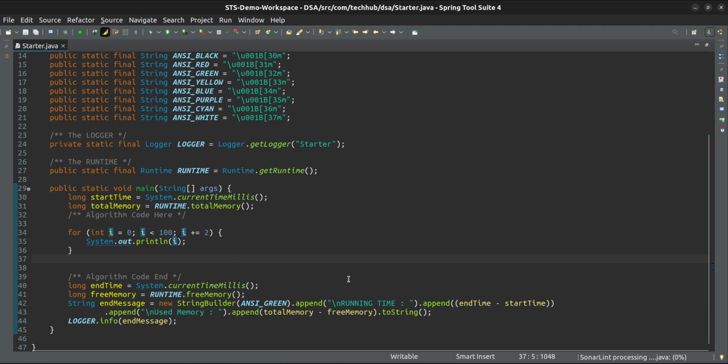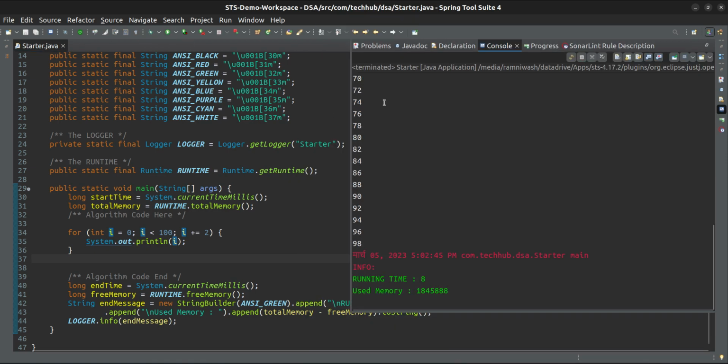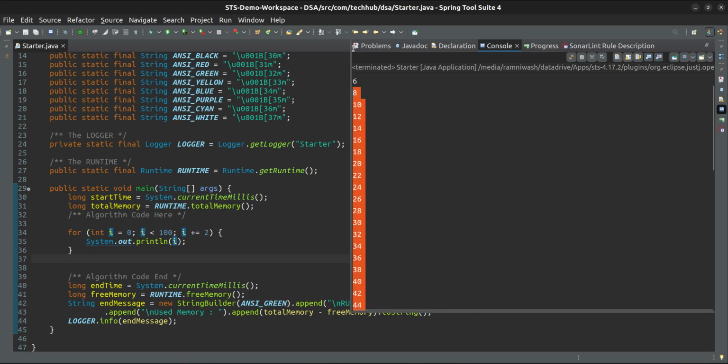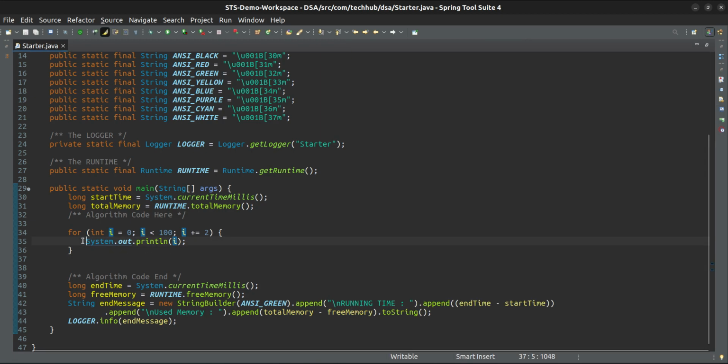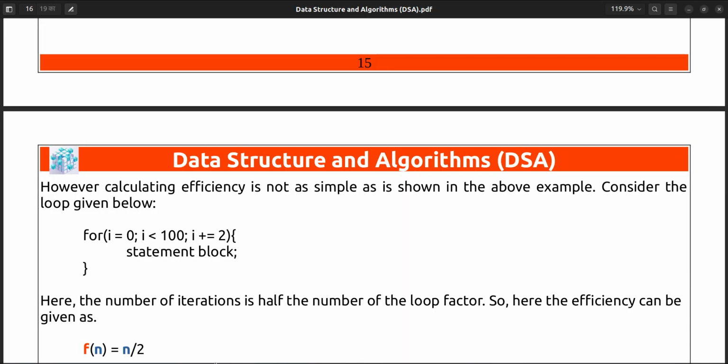Now how many times will this i be printed here? You can run this one and you will see. See, 1 2 4 6 8 10 12 14. So how many times is this statement executing? Definitely it is executing 50 times only.